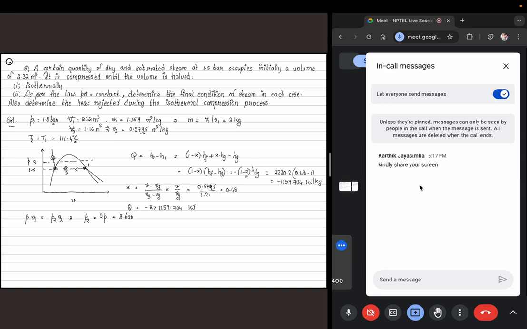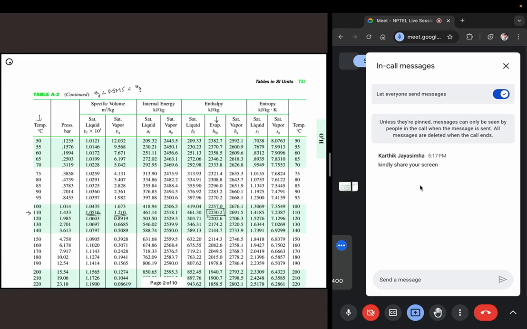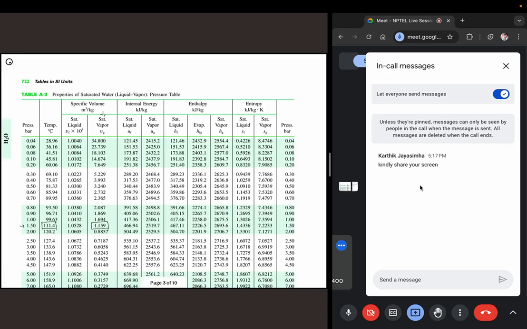So if we look that up, at 3 bar pressure, your saturated vapor specific volume is 0.6058, which is more than your 0.5795. If you were to look at the enthalpy values, these are the enthalpy values.